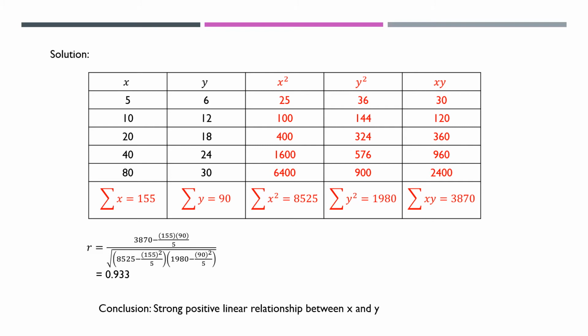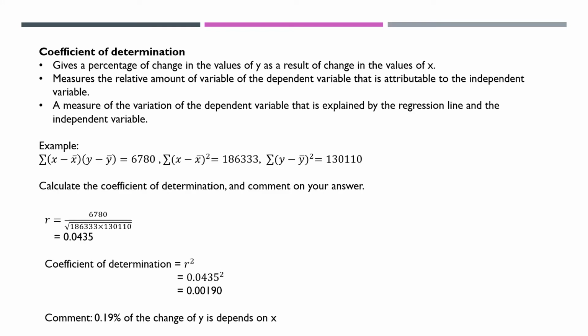You key in all the data in the question into your calculator, then you will get the total amount of each. After getting the total amounts, you have to put them into your formula. So for r, you can get this. You just put everything into the formula, you get the answer 0.933. And you have to comment that this is a strong positive linear relation between x and y.